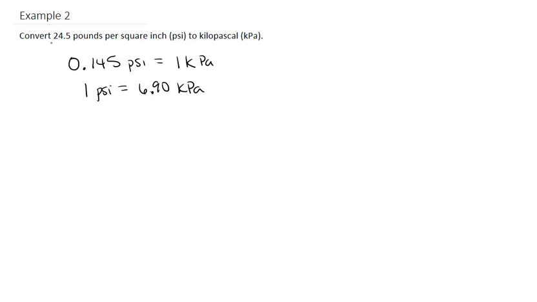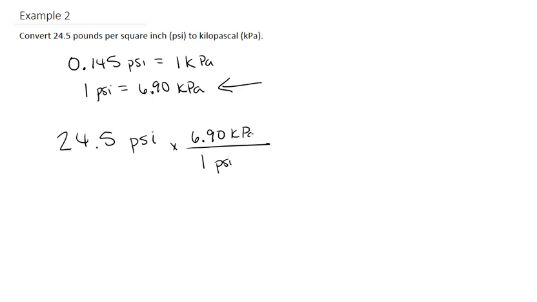So we can go 24.5 PSI. Let's go ahead and use this one. So if we put 1 PSI on the bottom and then on the top 6.90 kilopascal, then we can cancel out our units. We're left with kilopascal.